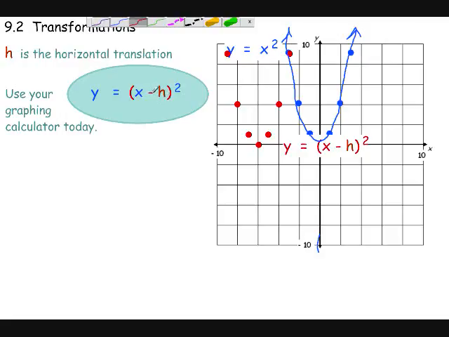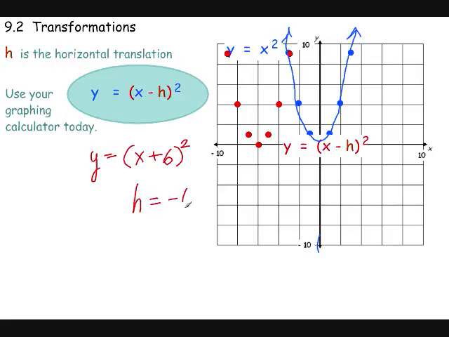Please notice minus. So if I have y equals x plus, let's look at this one over here, 6. That's the whole thing that's being squared. And my h must be a -6.